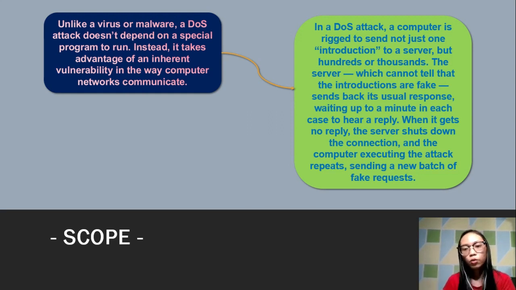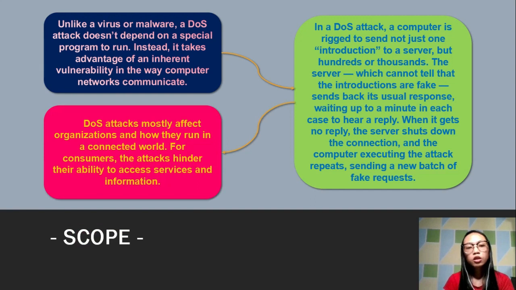When it gets no reply, the server shuts down the connection, and the computer executing the attack repeats, sending a new batch of bogus requests. DOS attacks mostly affect organizations and how they run in a connected world. For consumers, the attack hinders their ability to access services and information.